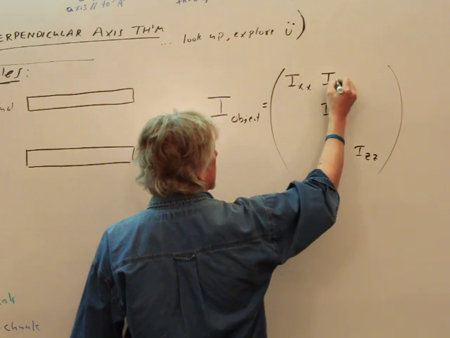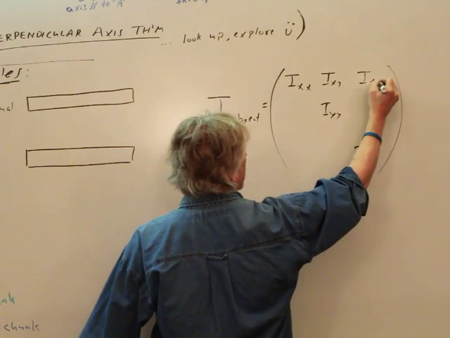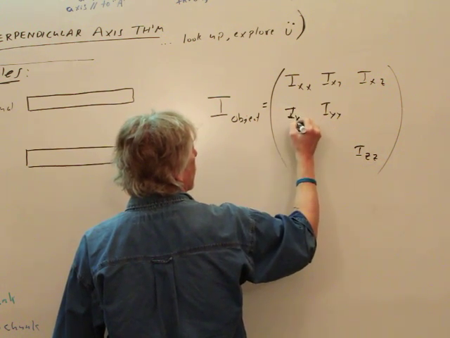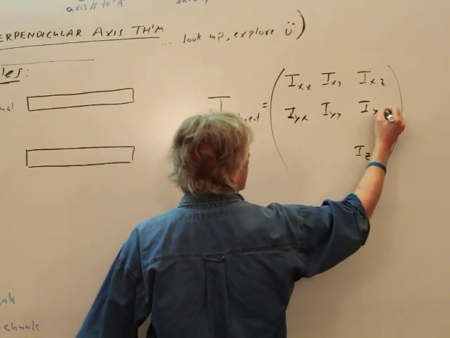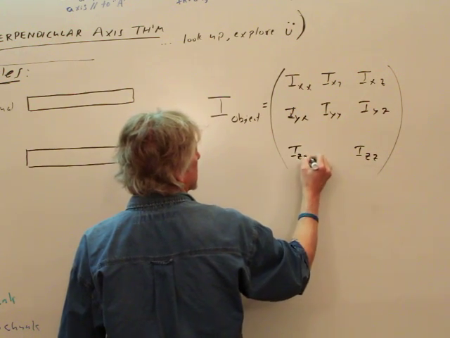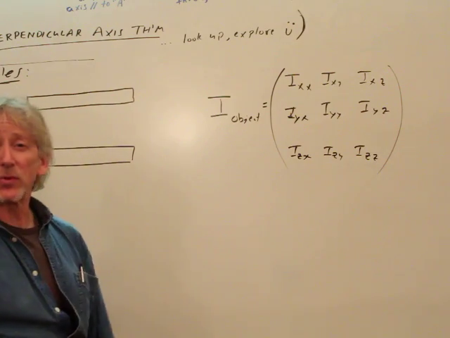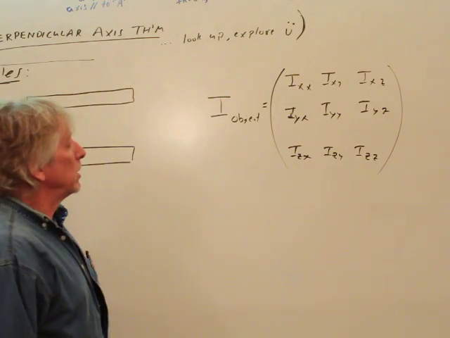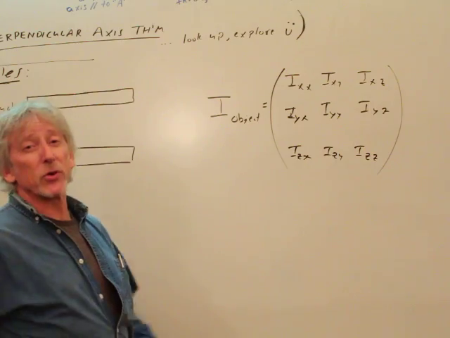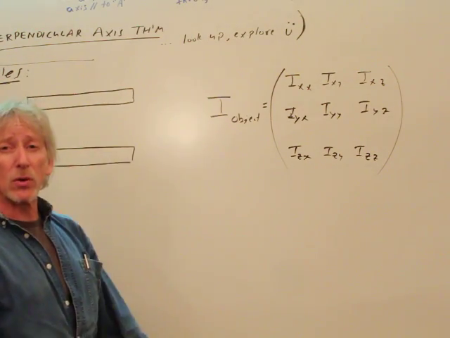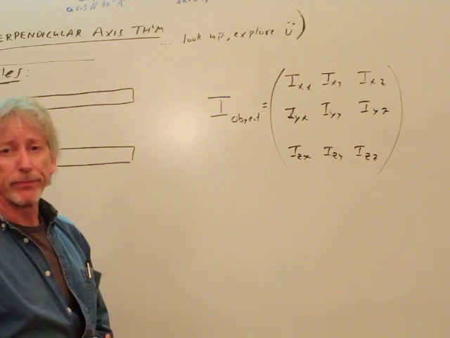Z, I, X, Y, I, X, Z, I, Y, X, I, Y, Z, I, Z, X, I, Z, Y. It's a 3x3 matrix called a tensor. And then you could say, okay, I'll throw that thing in the air, make it rotate however, and in general, that characterizes the whole thing.